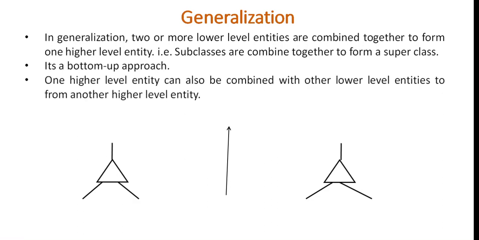That's why it is called the bottom up approach. Okay, and we cannot only combine lower level entities. We can combine a lower level entity with a higher level entity to form another higher level entity. Okay, so this is generalization, and these lower level entities are combined together on the basis of some common properties.